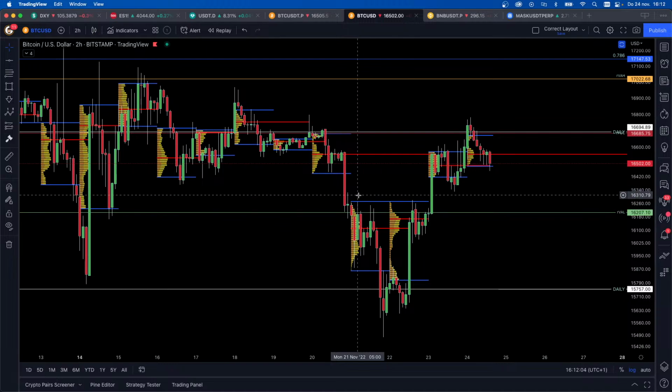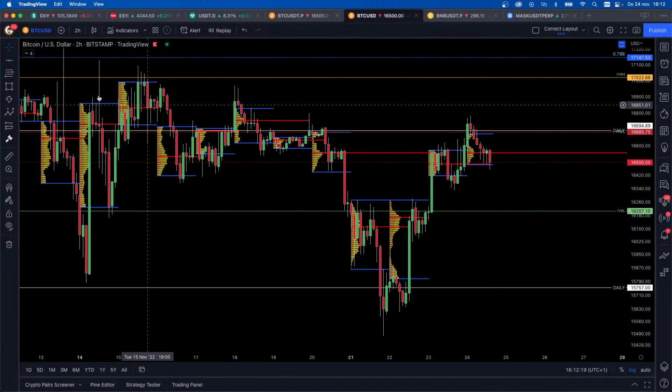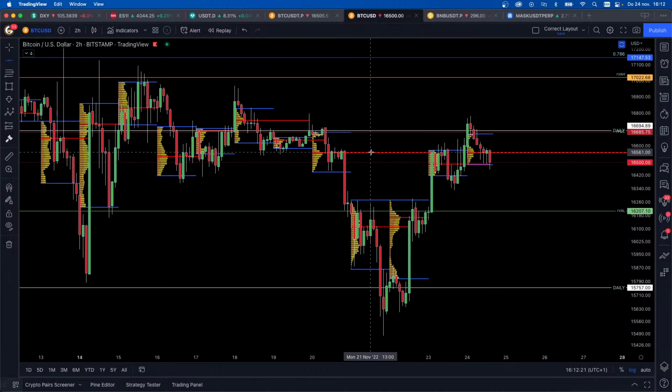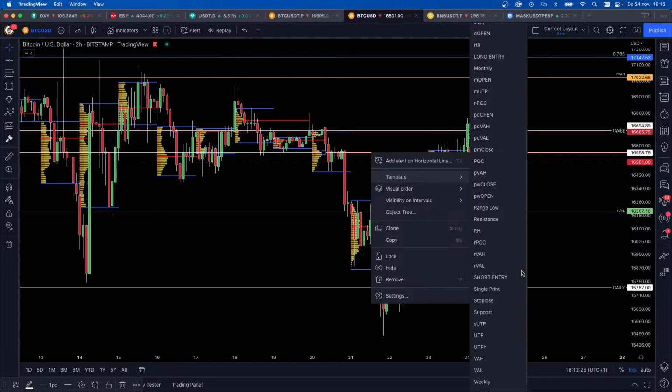So you have this day, we have this day, and if you open up the SFP during Tuesday, you would see that this red line would extend all the way towards 16K, which means that this is going to be a naked point of control, an NPOC.